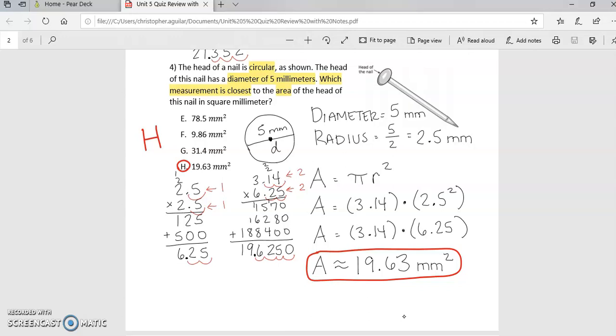When I square 2.5, I get 6.25, and then I have to multiply that by 3.14. So 3.14 times 6.25 is about 19.63 millimeters squared. So that's the area of the small head of that nail.